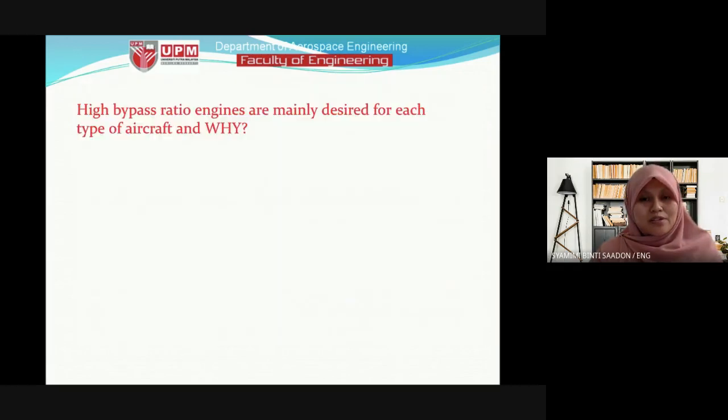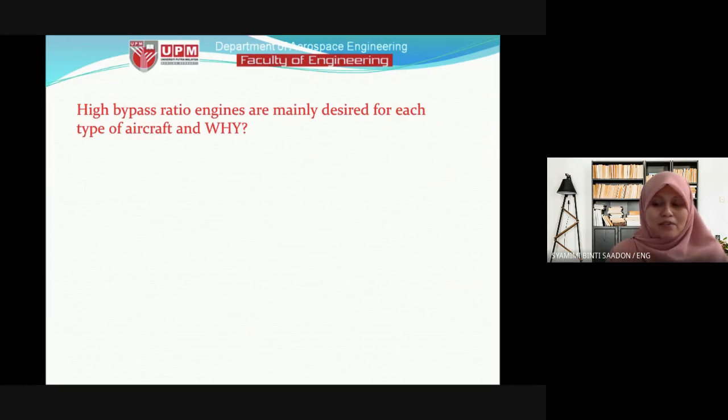Okay, so high bypass ratio engines are mainly desired for each type of aircraft, and why? As I've mentioned just now, we use these high bypass ratio engines, or turbofan engines, mostly in commercial aircraft, civil engines, for short distance or long distance. It is because we will increase the mass flow rate.